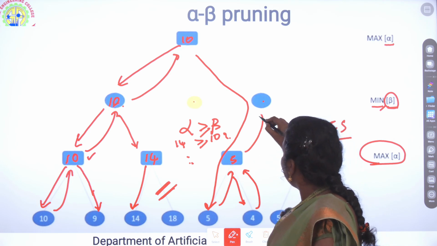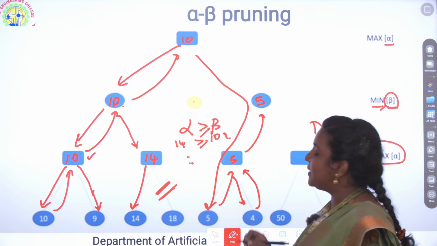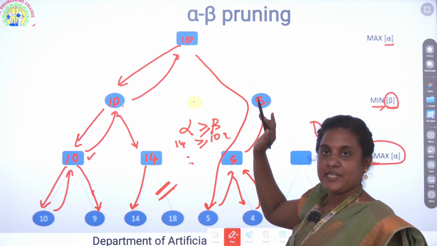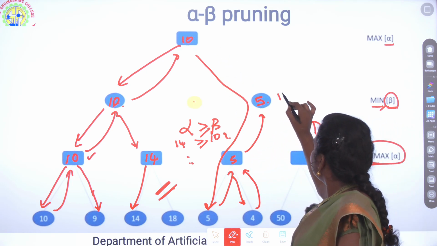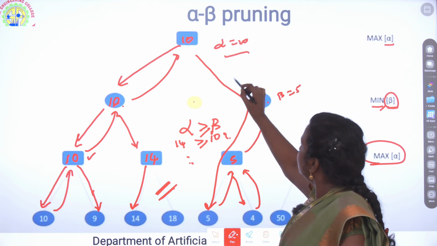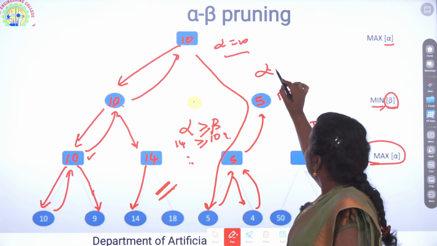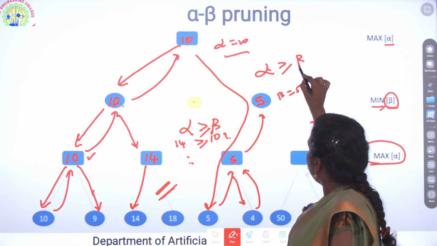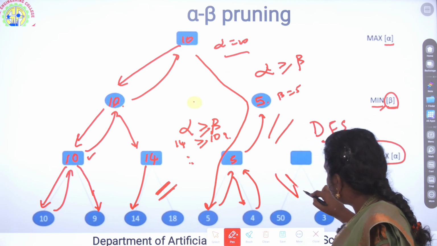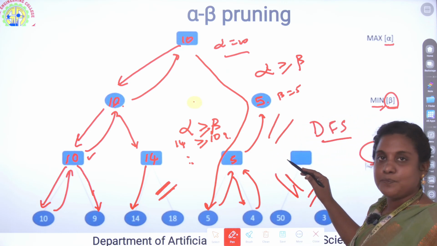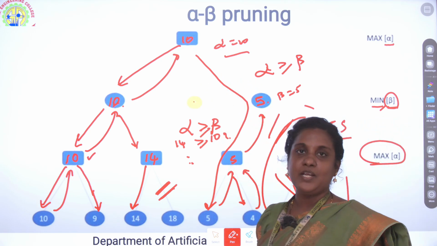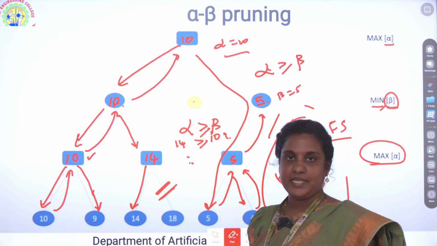Now this value will be backed up to its parent node, 5. It will check with its parent node. Here beta is 5 and alpha is 10. We have to check this condition. Yes, alpha is greater than or equal to beta, so there is no need to traverse this right subtree. It will prune this right subtree and arrive at the value 10 at the root node.